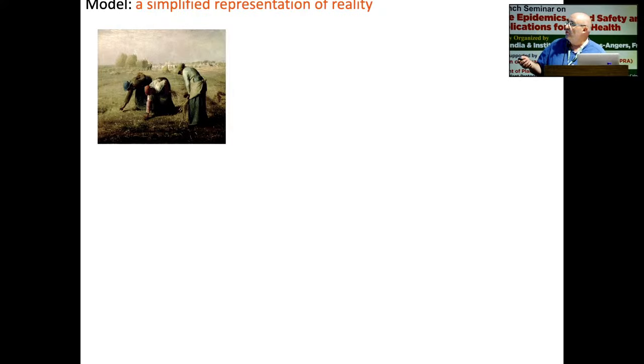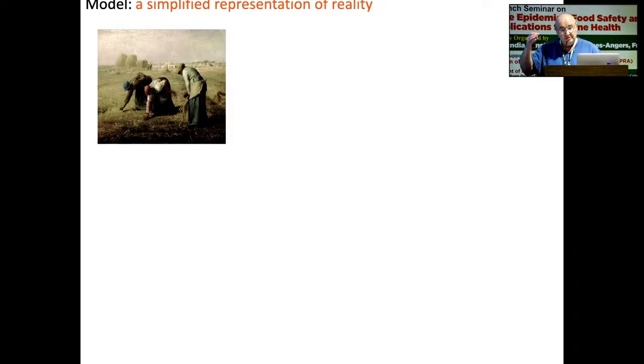So this is one vision of agriculture. The idea of the painter was to show how hard life was in the countryside in the 19th century. You see the bodies in a painful position, the colors are darker in the front, and in the back you can see a big harvest.